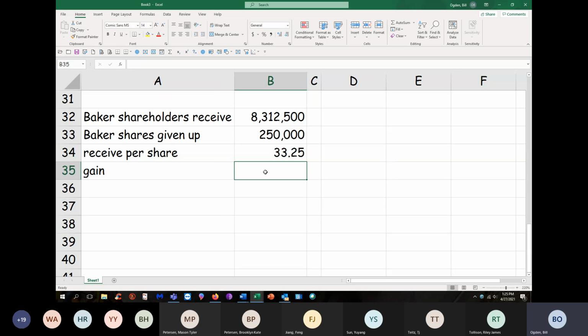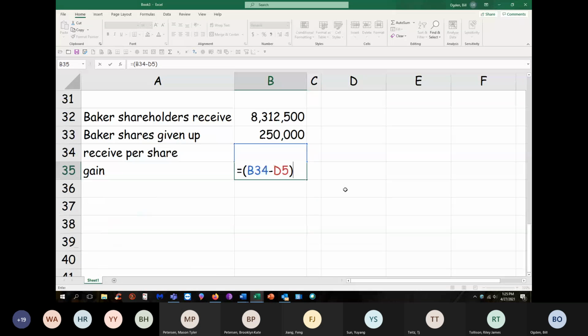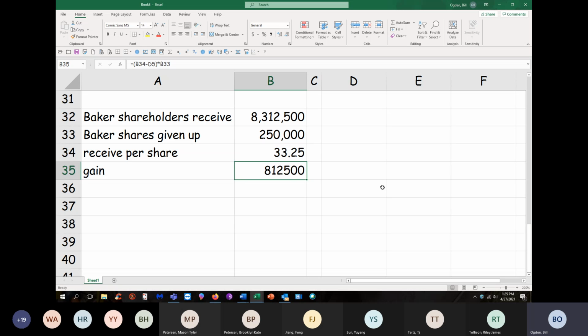So their gain is equal to $33.25 per share minus the 30 that they were pre-merger, and then times their number of shares, 250,000. And there you go, same number. They gained $812,500.